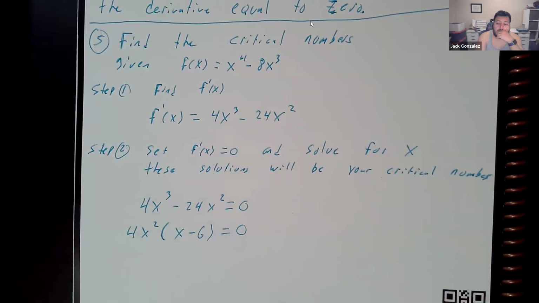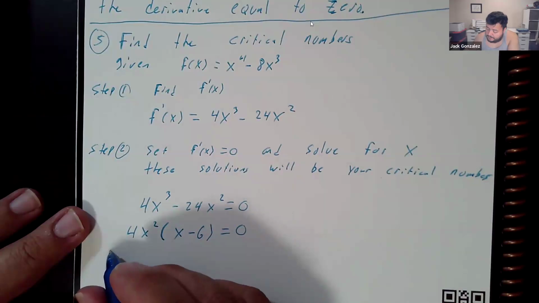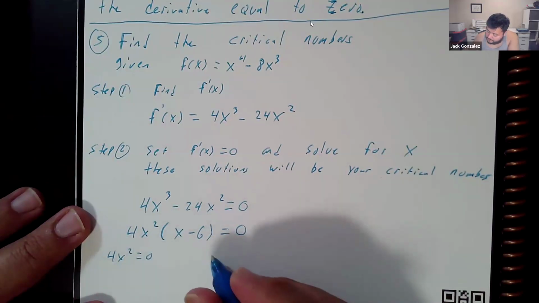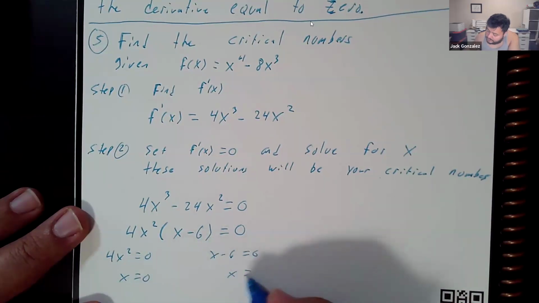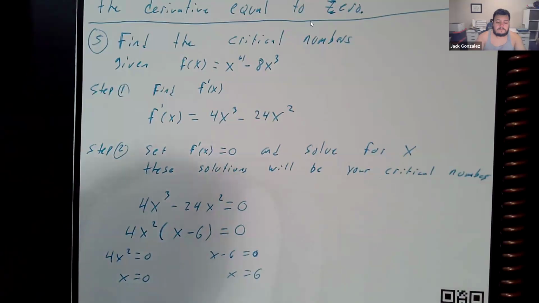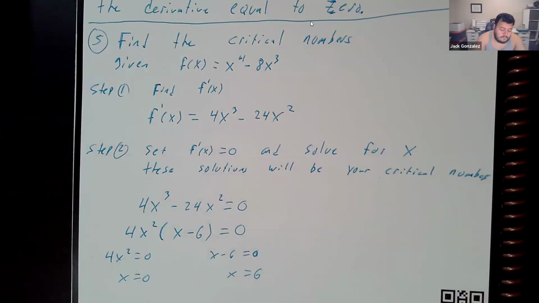Okay, so set each part to 0. X is 0, x is 6. Okay, so these two values are your critical numbers.